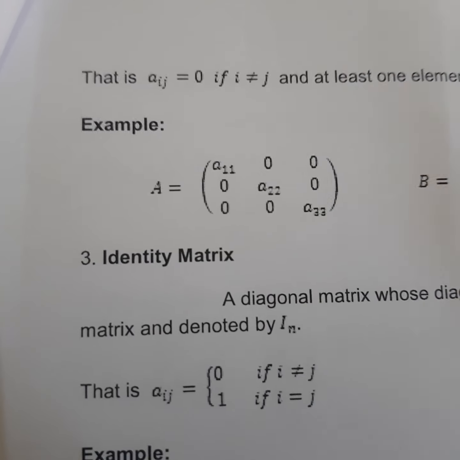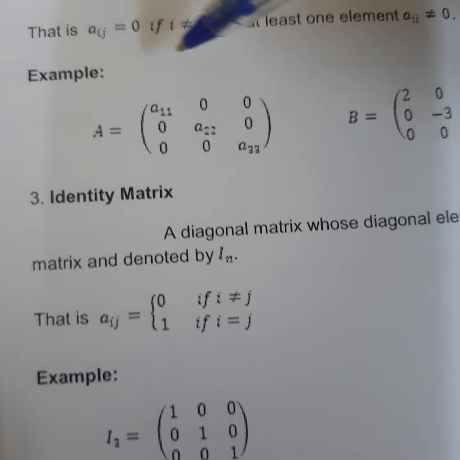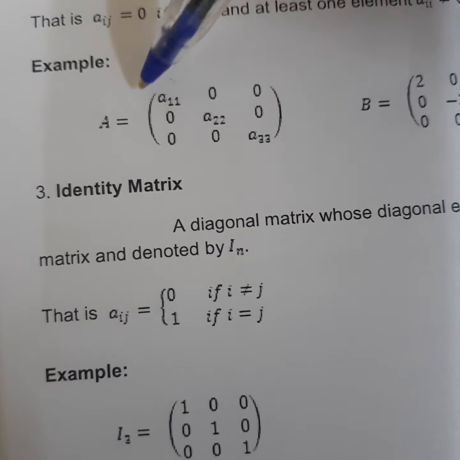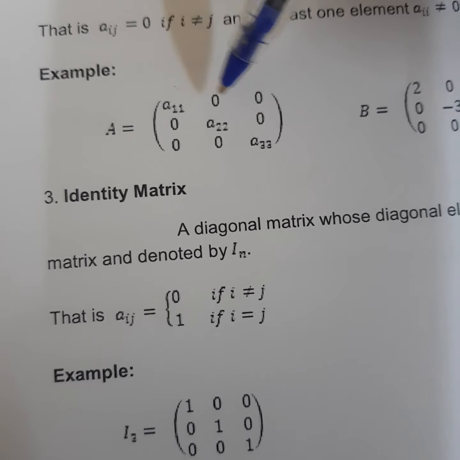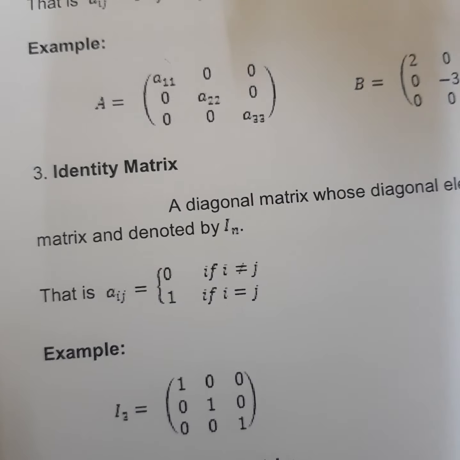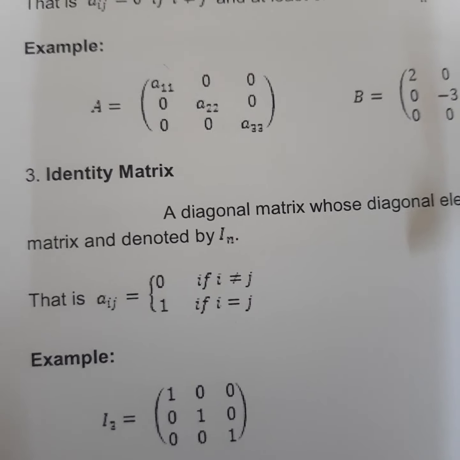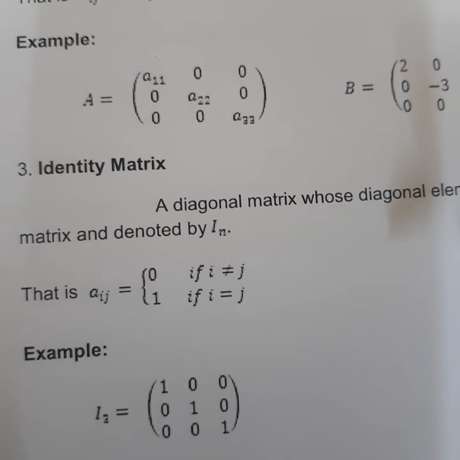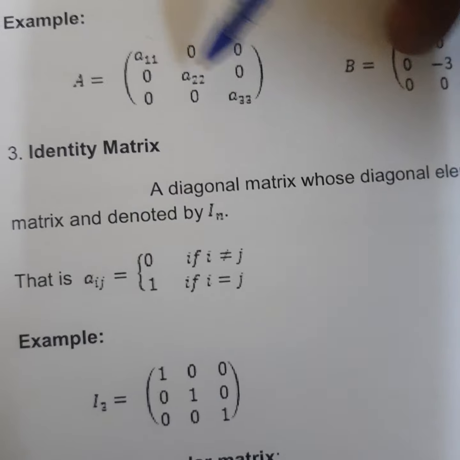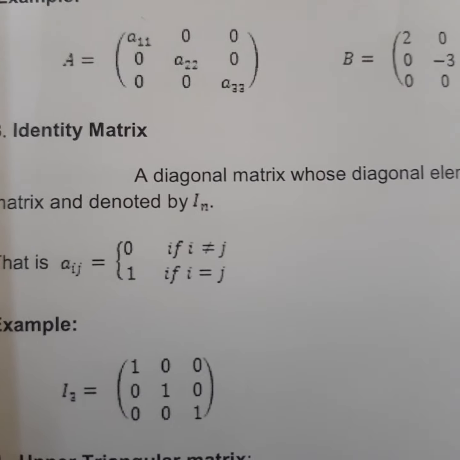You look at this example, you realize that it is only the diagonals that are not 0. The rest of the elements in the matrix are all zeros. And so this is a diagonal matrix.